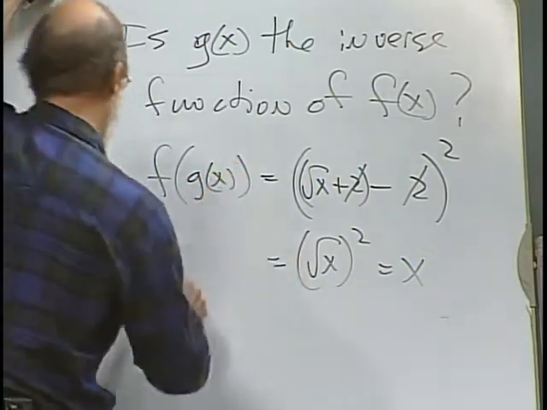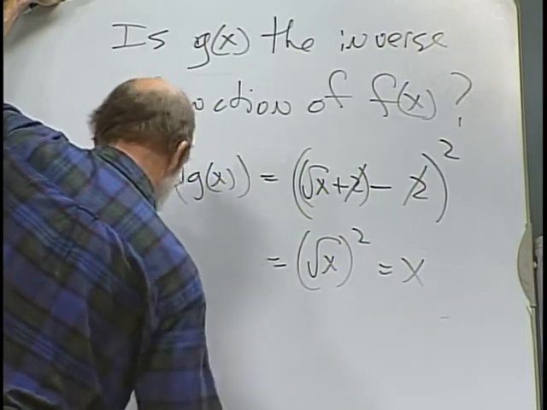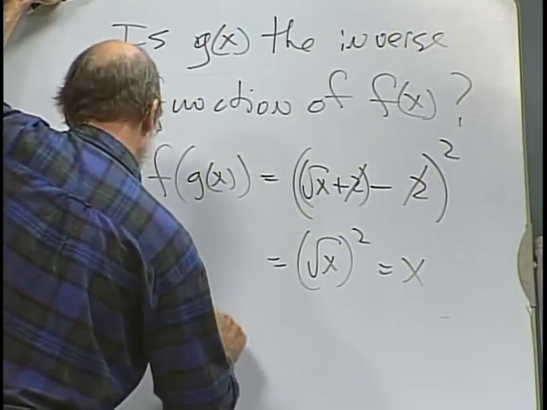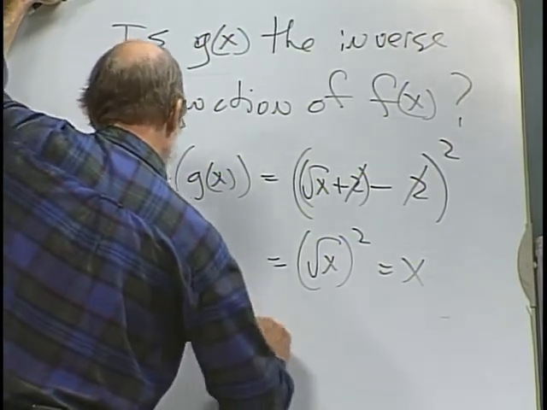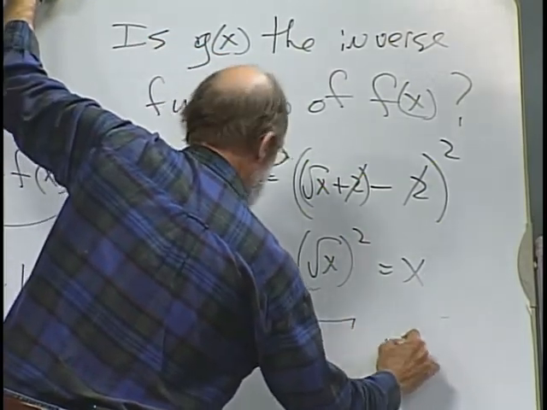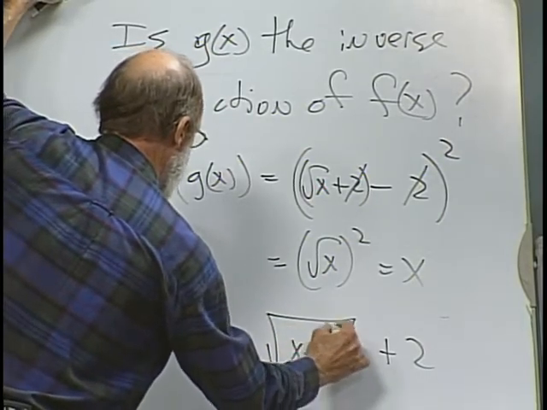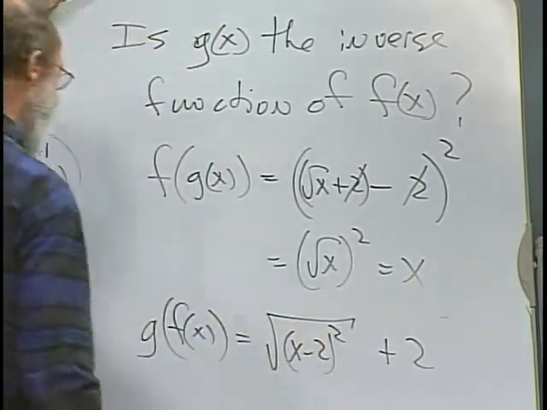If you do it in reverse, you better get it also. Let's do that. Go inside the square root function, which had a 2 on the outside, and inside there put x minus 2 quantity squared as your input.